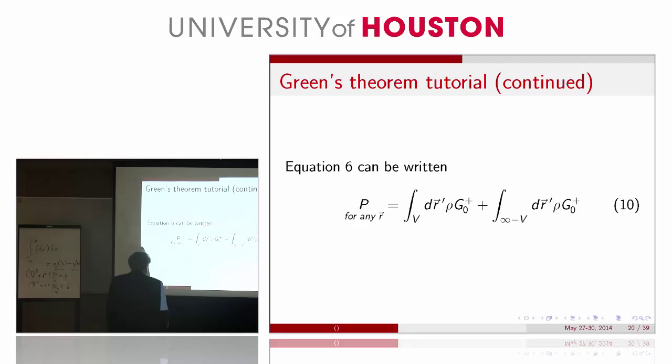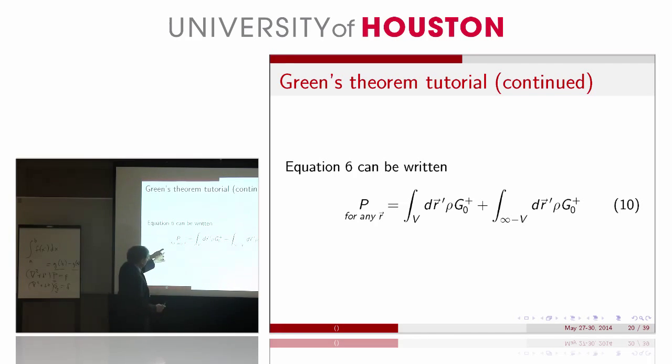For any R, for every R, it's an integral over all space. All space is the integral on the volume plus the integral of the whole world outside the volume. That's the integral of the whole world, yes? In the previous slide, you had P for only R in the volume. But the field at a point in the volume must be the field at that point R in the volume.